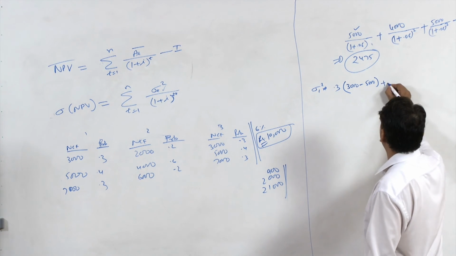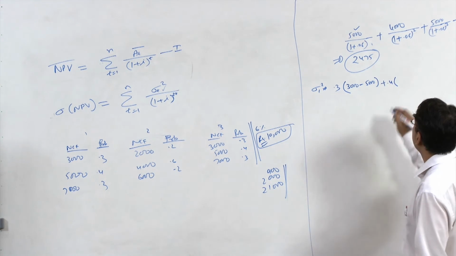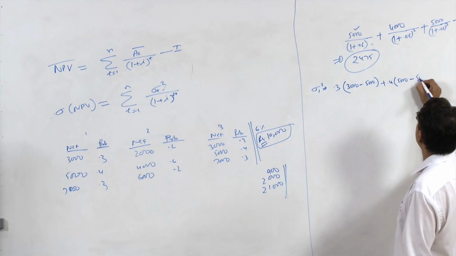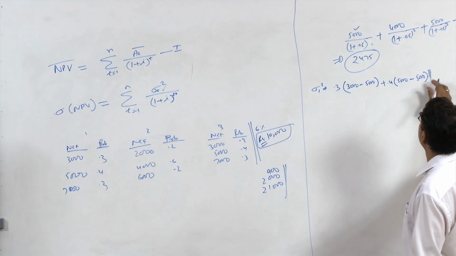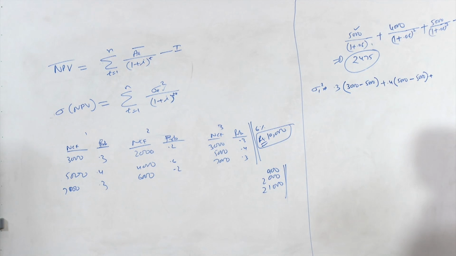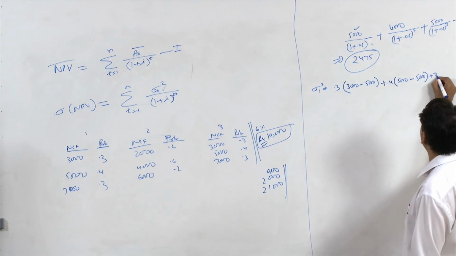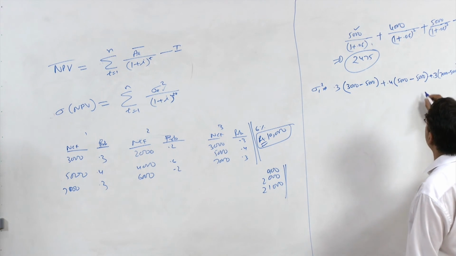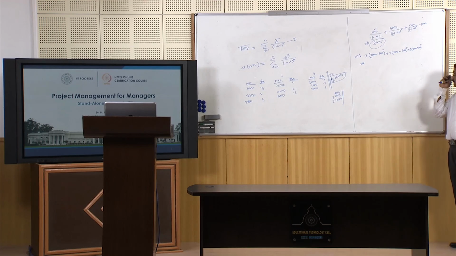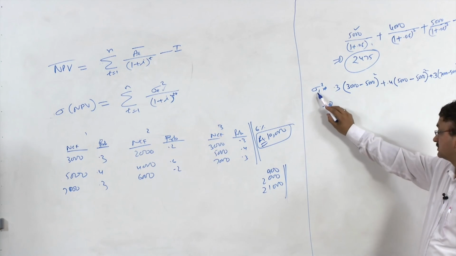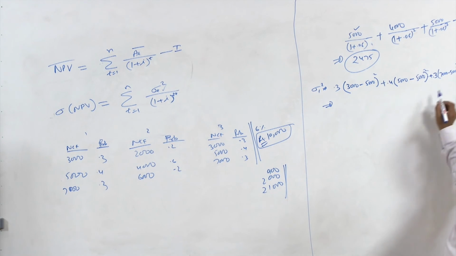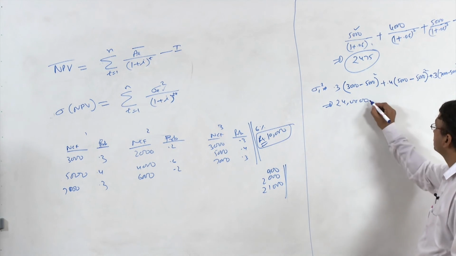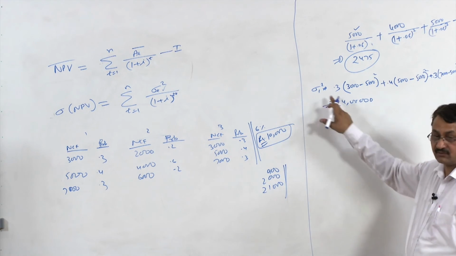Plus 0.4 into (5000 minus 5000) squared, 5000 being the net cash flow, plus 0.3 into (7000 minus 5000) squared. So, sigma 1 squared is equal to this, and the answer is 2,400,000, right? So this is the variance of the first year.